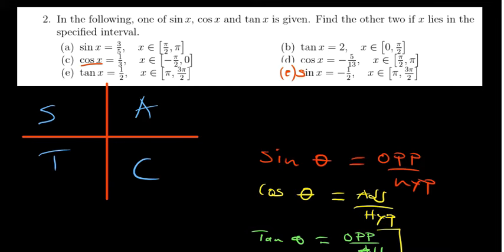They are all positive in the first quadrant, and in the other quadrants, cosine is positive in the last quadrant, while in these other two it will be negative.